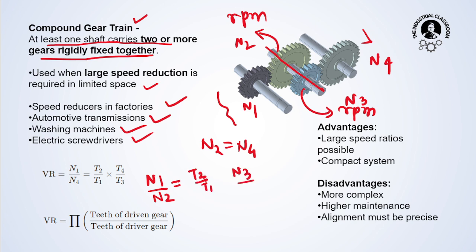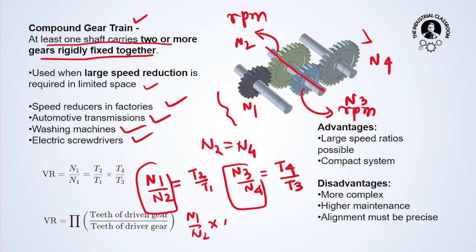Also we know that N3 by N4 is equal to T4 by T3. Let me show you how we derive this velocity ratio. Now we multiply these: N1 by N2 into N3 by N4 is equal to T2 by T1 into T4 by T3.